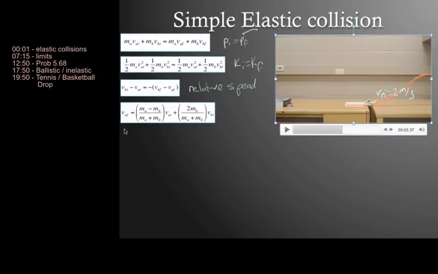One is that the mass of the red car is 83 grams and the mass of the purple car is 50 grams. We also know that the V initial for the red car is 2 meters per second, and the initial velocity for the purple car is 0.